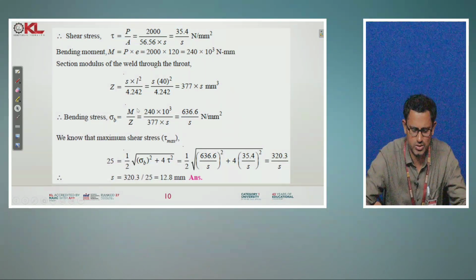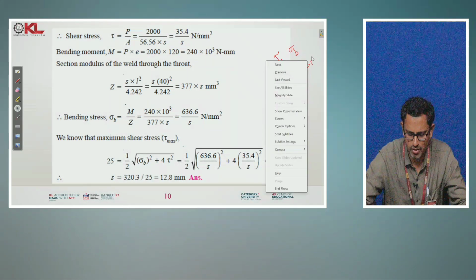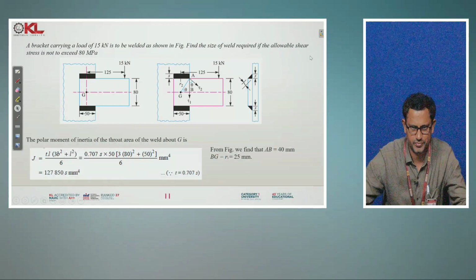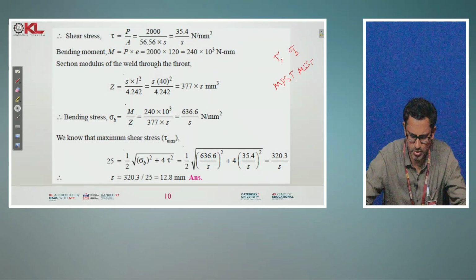Once you get both tau as well as sigma B, you can use the maximum principal stress theory or the shear stress theory. Since they have given the allowable maximum tau max value, we are using the maximum shear stress theory.